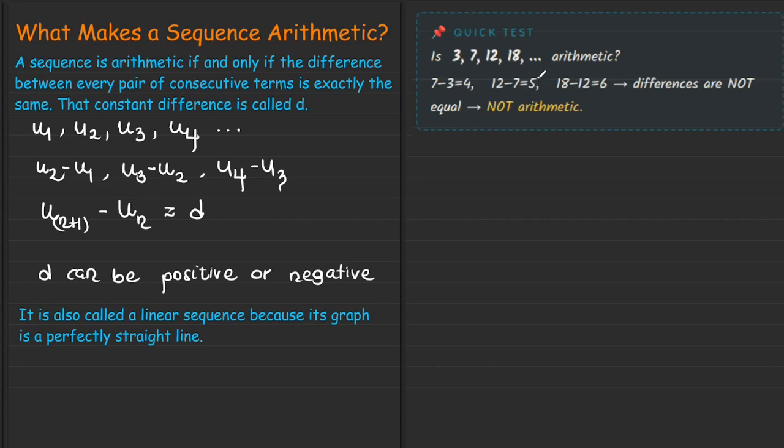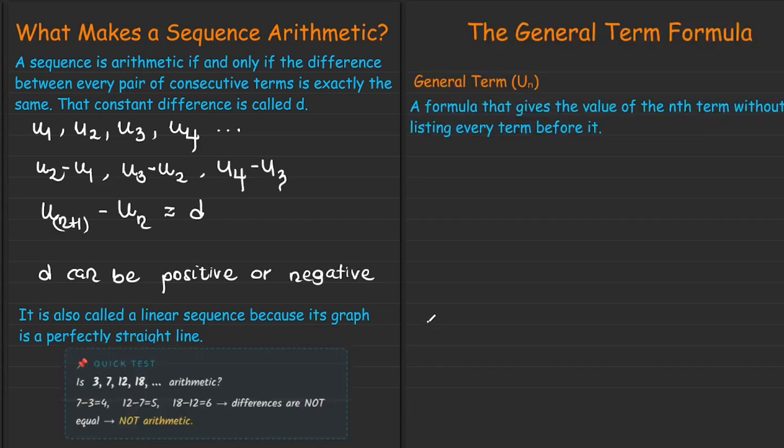So with that said, let's look at the general term formula of an arithmetic sequence. Before we even consider that, we need to know what the general term is. The general term is just a formula that gives the value of the nth term without listing every term before it.